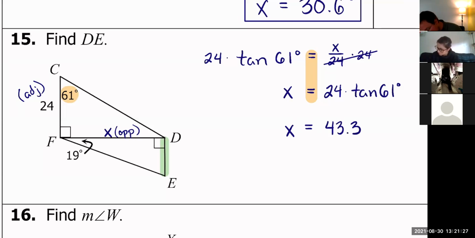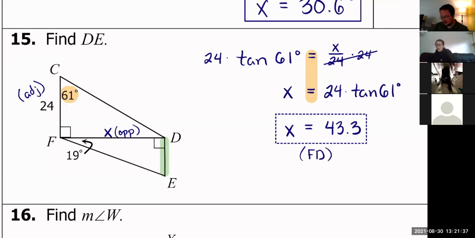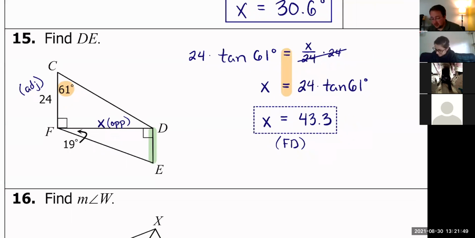Now, I'm not done because what I just found was side FD. Right? I'm looking for side DE in the bottom right triangle.